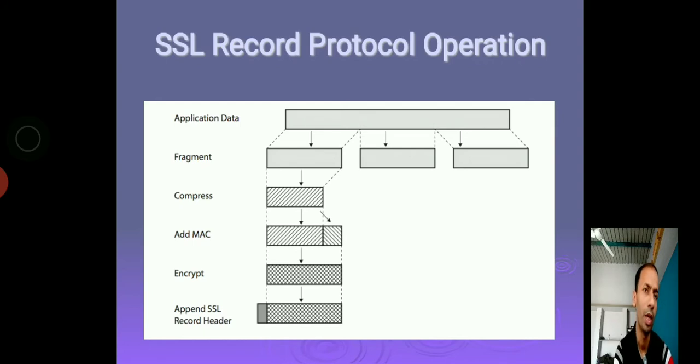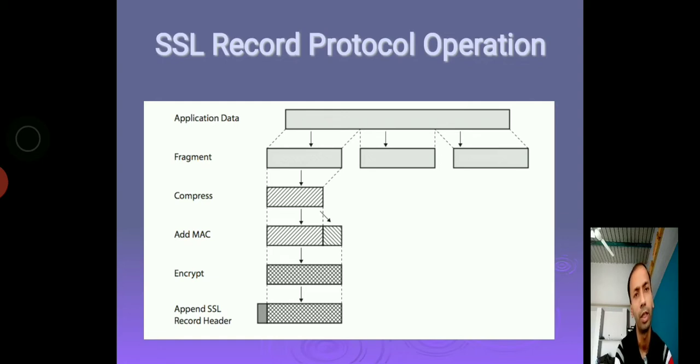Now encryption, as we know, uses the symmetric encryption technique for encrypting the compressed fragment, and we are using, as we know, the shared secret key which is shared by the handshake protocol.